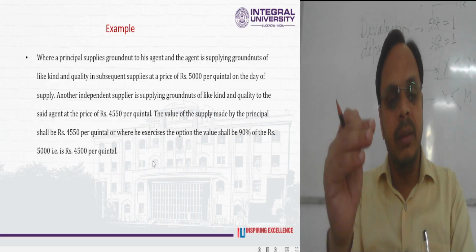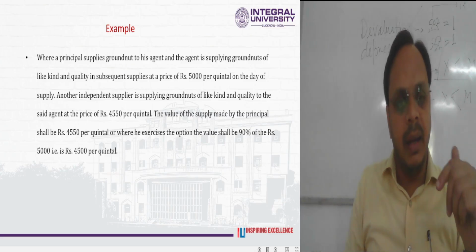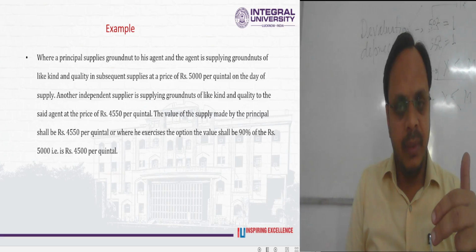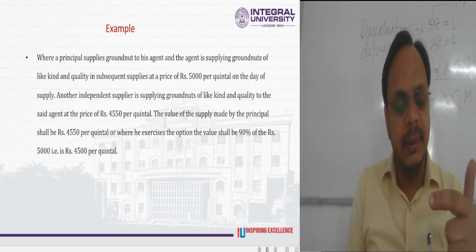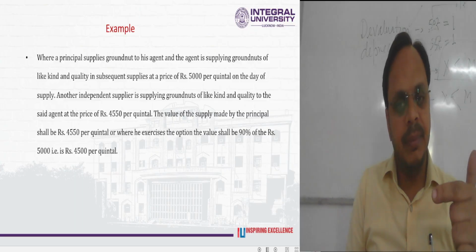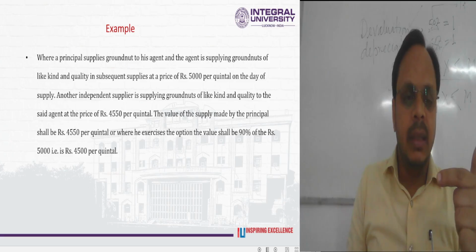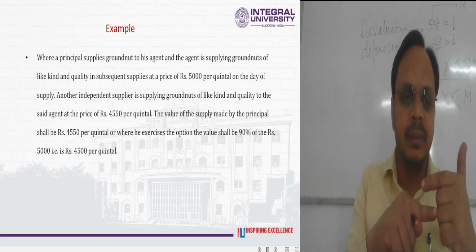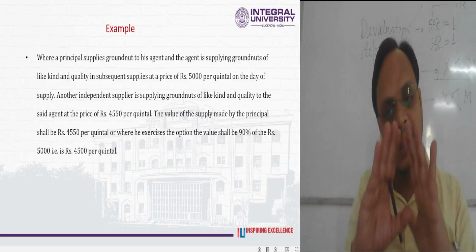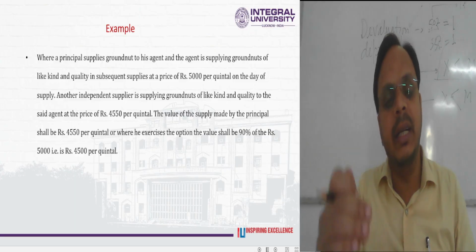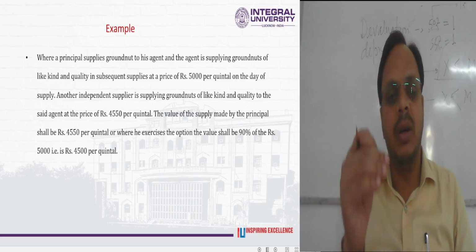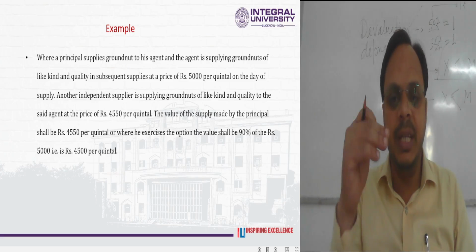If not, let me make it more simplified. There are two suppliers of groundnut, A and B. A supplies groundnuts to the agent at the price of 5,000 per quintal, of the same like kind and quality. Another independent supplier is supplying the same kind of groundnut to the agent, who is known as C here in our case, at the price of 4,550 per quintal.